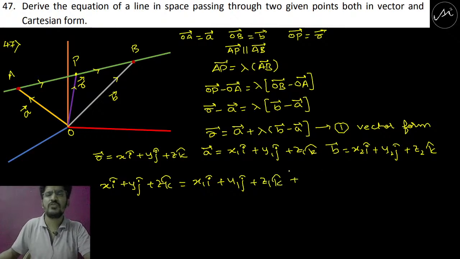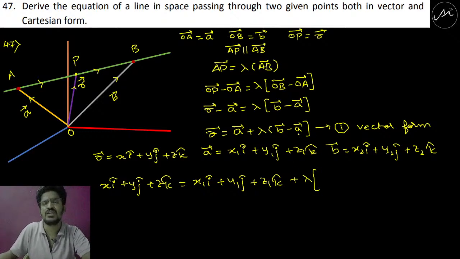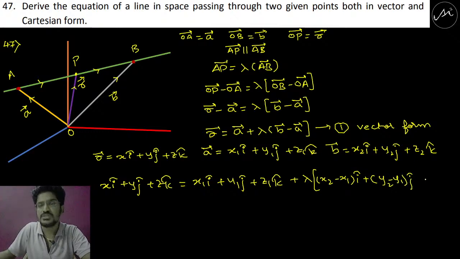In the place of B minus A, you just see what is vector B minus vector A, that is x2 minus x1 i cap plus y2 minus y1 j cap. Okay. Plus z2 minus z1 k cap.